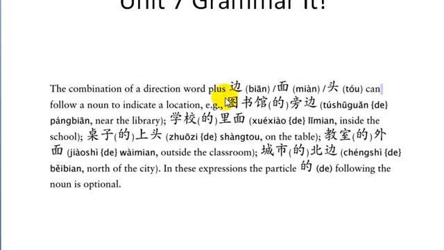Okay, the combination of bian, mian, or tou with a noun can indicate a location, and the de is optional. You'll see in all of these the de is optional. So you have 图书馆旁边, near the library or next to the library. 学校里面, inside the school. 桌子上头, on the table. 教室外面, outside the classroom.